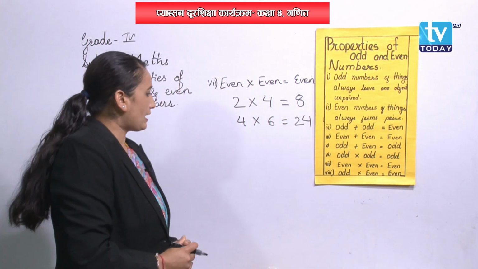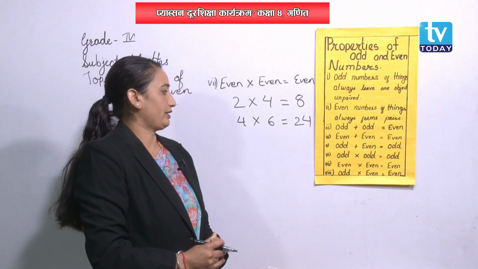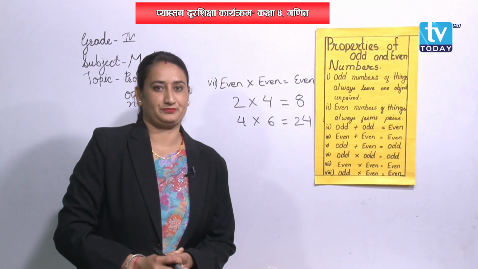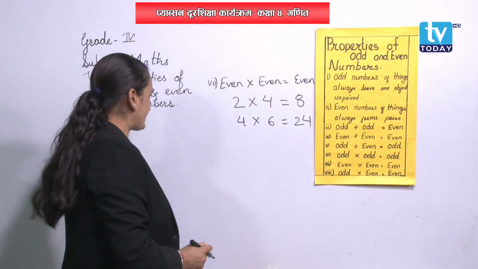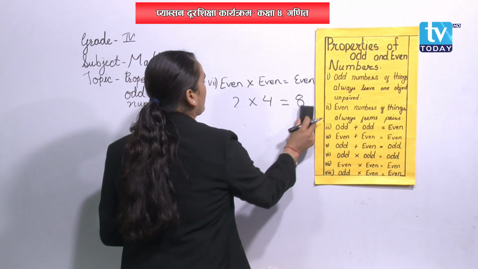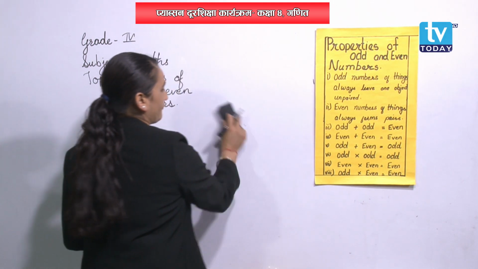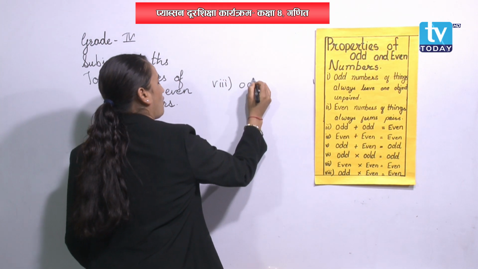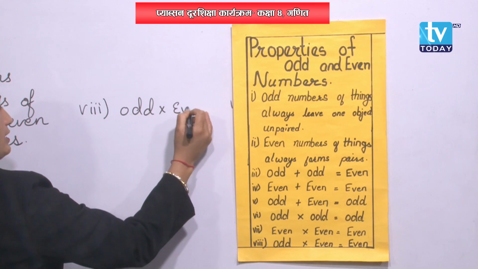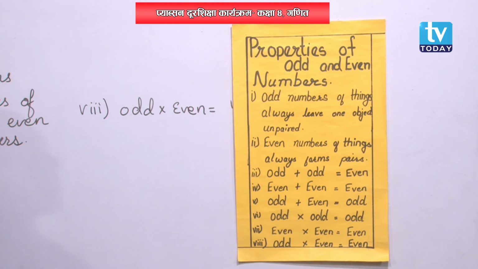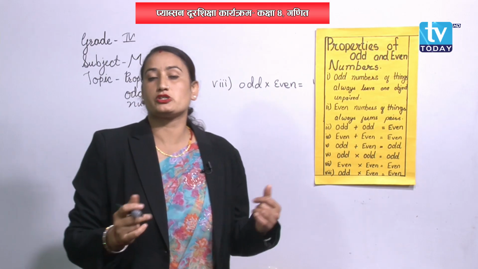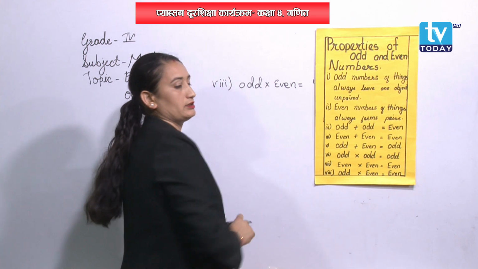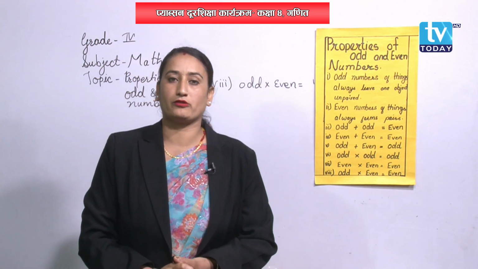Okay, now students, the last one. So we are going to learn about odd and even numbers. If I multiply an odd and an even number, then which number will I get as a product, even or odd? Let's find out.